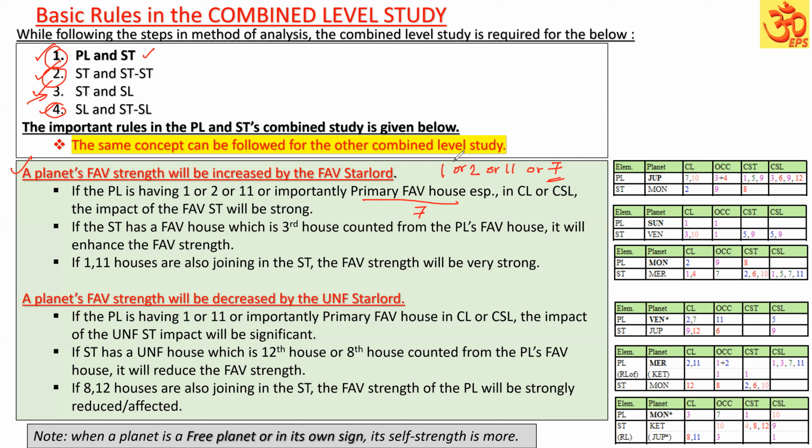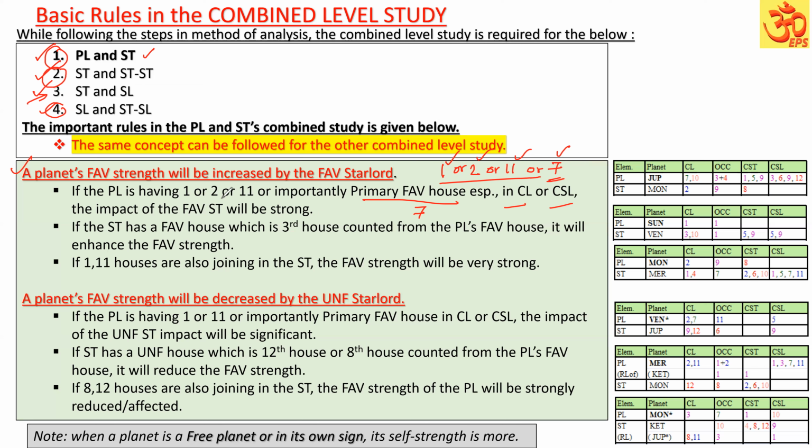But if it is having first, second or 11 or 7, especially in cuspal lordship or in cuspal sublordship, the impact of the favorable star lord will be strong. Because these planets which have any of these houses in self-signification are the owners of this house, they are the source planet, they will experience what the favorable star lord is giving. If it is a favorable star lord, the favorable strength of the planet will be increasing.